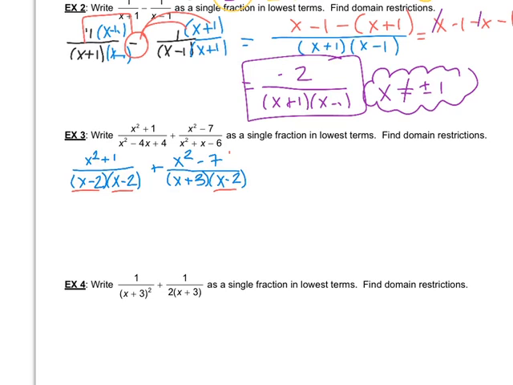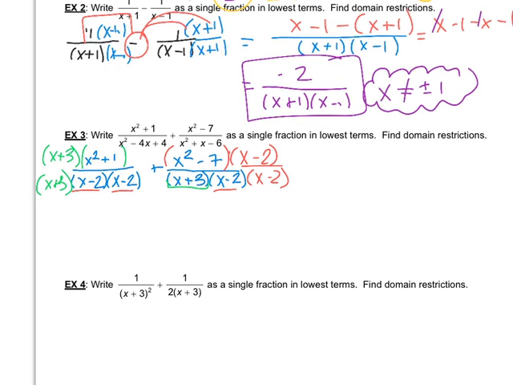So I'm going to add parentheses here. And then to the first fraction, what it's missing is this x plus 3, which means I need to multiply the numerator and denominator of the first fraction by x plus 3. So, as you may have guessed, this is going to be a long process.